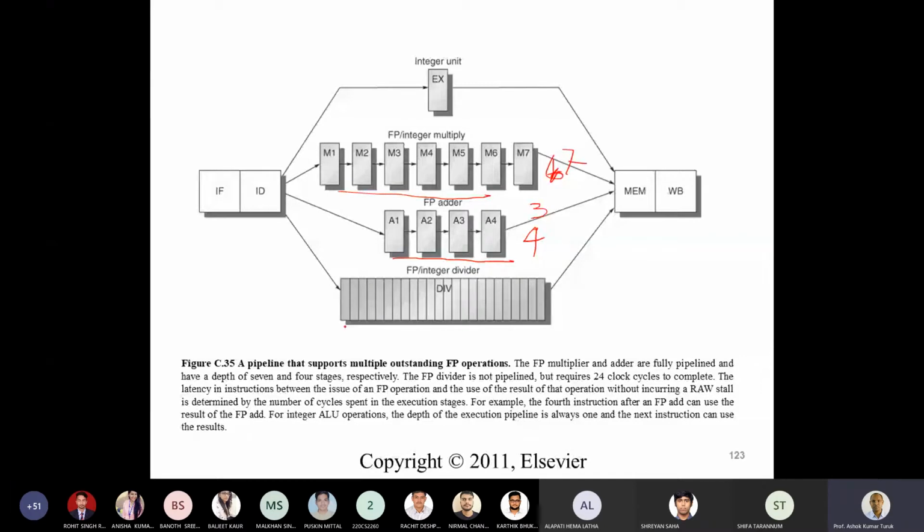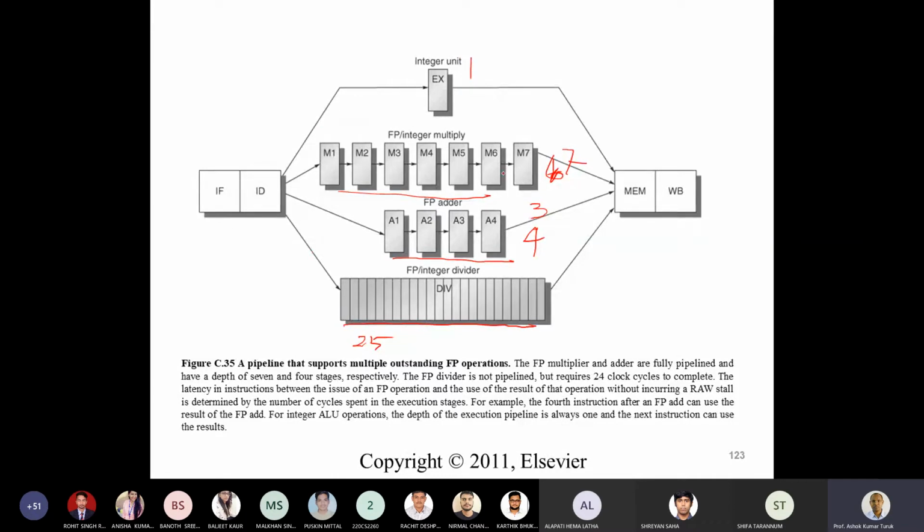And divide is not pipelined. So there are 24 stages, but it's not pipelined, so the initiation interval is 25. That means you issue it, and on the 25th clock cycle you can issue another instruction. And integer takes only 1 clock cycle, and the initiation interval is 0.